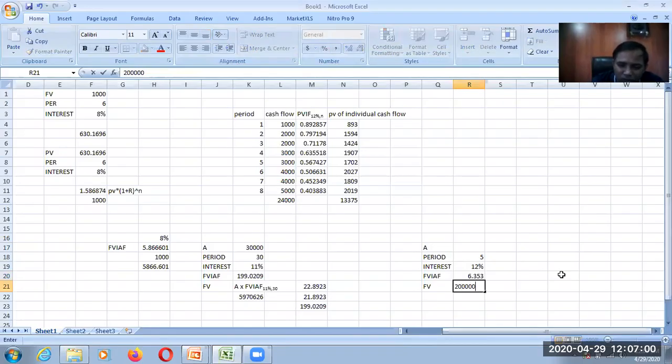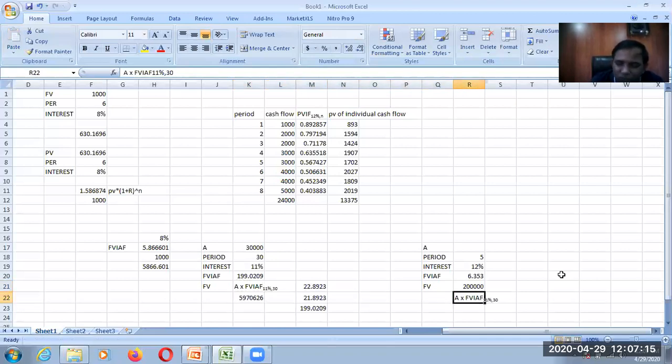Let's say 2 million. So the formula is future value equals annuity multiplied by the annuity factor. This is the formula, and what we have is the future value.